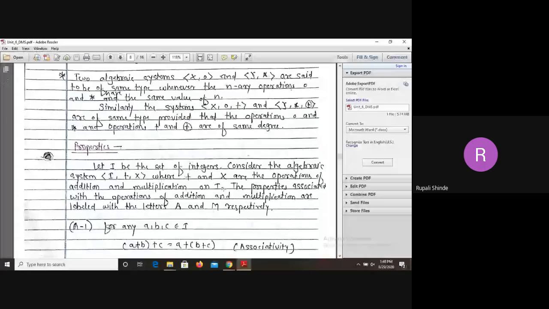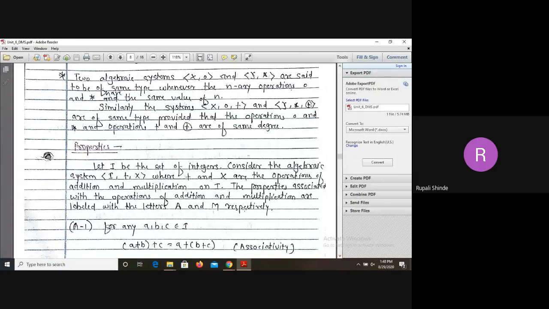In short, here one algebraic system is given, that consists of set I, where I is a set of integers, and two different operations are performed on this set, and those two operations are addition and multiplication. The properties associated with operations of addition and multiplication are labeled with letters A and M respectively.